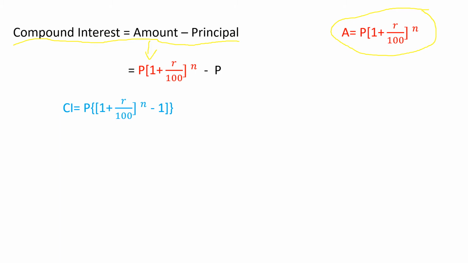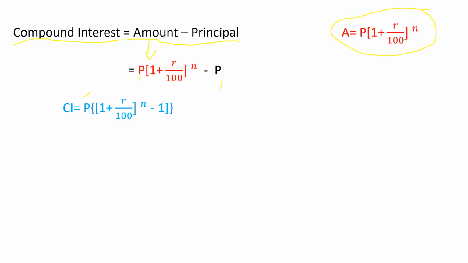Okay. So, shall we simplify this formula? You have P here twice, right? So you can take the P common outside. Then 1 plus r by 100, the whole power n, minus 1. Minus 1, because we have taken the P outside as common.